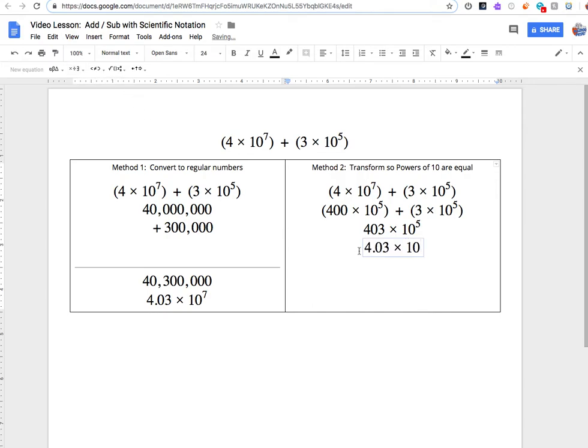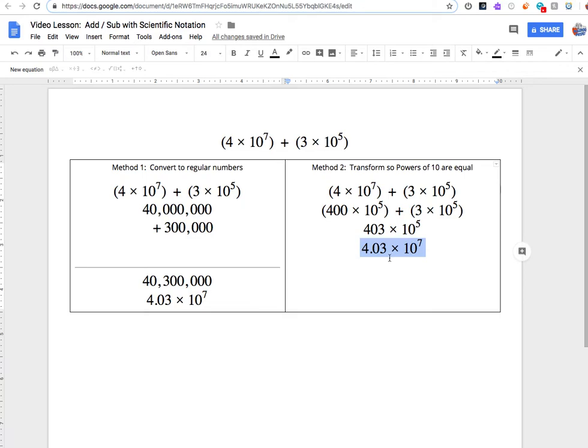And when we do that, because the decimal point moved 2 places to the left because we divided by 10 twice, we need to balance that out, add 2 more copies of 10. And we realize both of these methods give us 40,300,000, or 4.03 times 10 to the 7th.